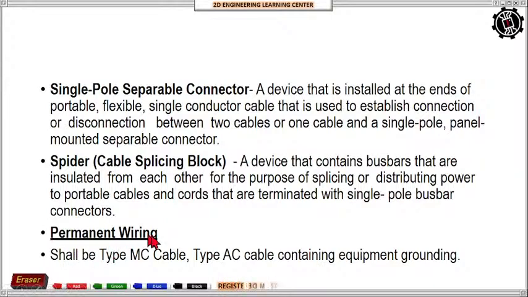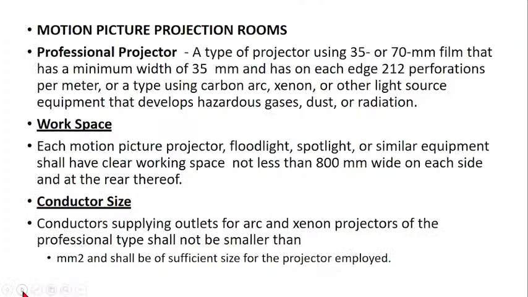So permanent wiring natin. Kapag permanent wiring, type MC or type AC cable shall be used, containing equipment grounding. Okay, motion picture projection rooms. So if we will have a projector, ang tawag dyan is professional projector, a type of projector using 35 or 70 mm film that has a minimum width of 35 mm.